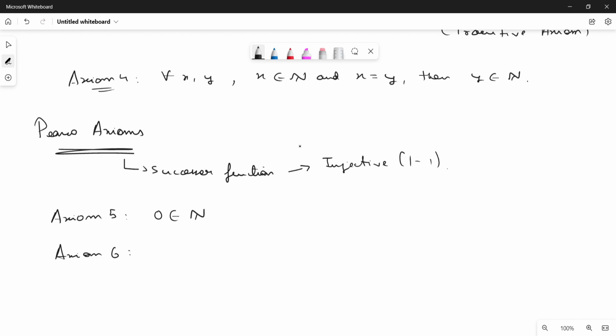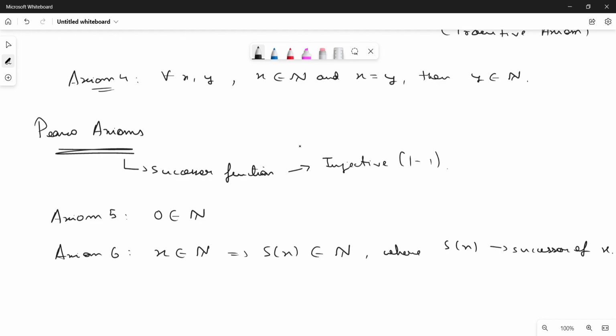So now, under axiom 6, we build what we call the successor function. If x is a natural number, then S of x is also a natural number, where S of x is the successor of x.